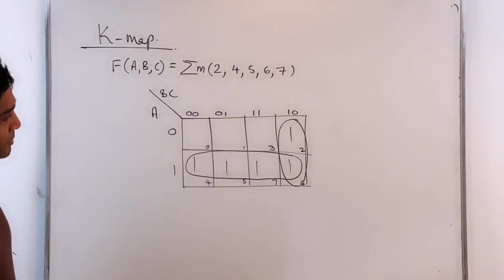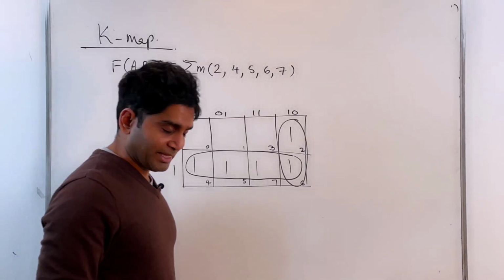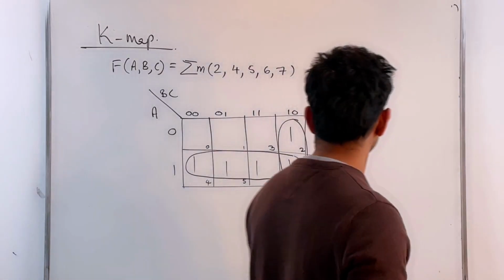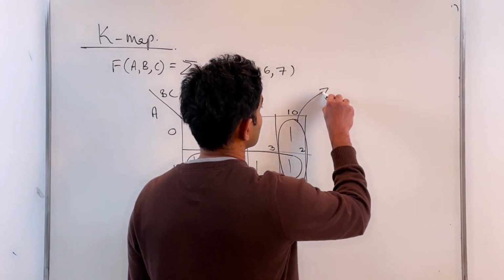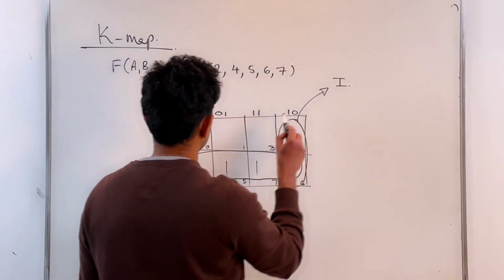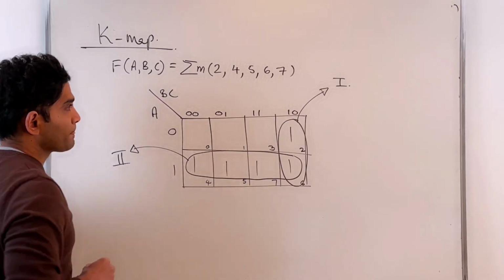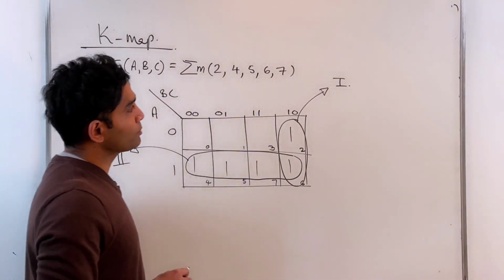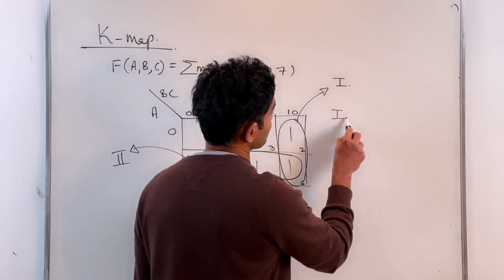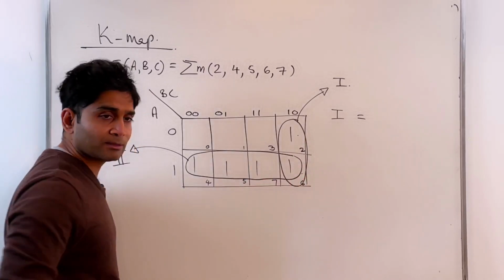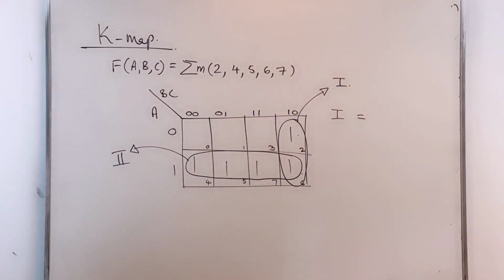Okay. So I have 2 combinations. Each combination would be producing a product term. Let me call that 1. Let me call that 2. And let me write down what the product terms are. So what is 1? Going from this adjacent cell to this adjacent cell, I'll keep those variables that do not change.